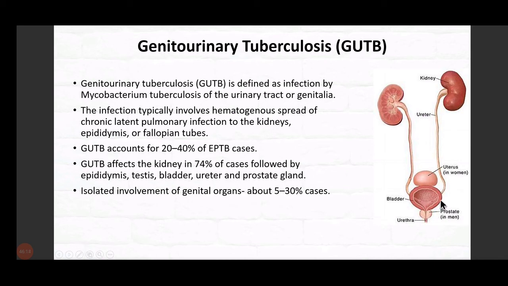Then the second commonest organ for males is the epididymis, followed by testis, bladder, and in females, apart from the kidney, it is a genital organ, which is the ureter. Isolated involvement of genital organs can also happen, but it happens in 30 to 50% of cases, and it happens in cases of women.